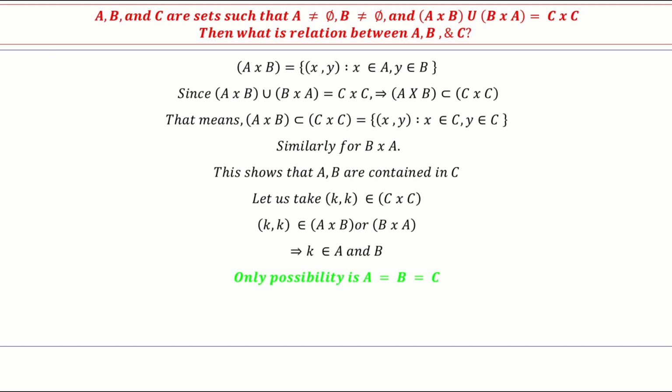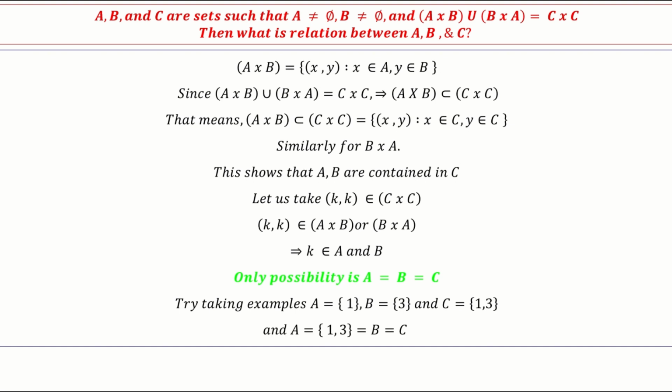You can check this easily using some sets. For example, if you take A equal to {1}, B equal to {3} and C equal to {1, 3}. Then the Cartesian product becomes 1 cross 3 union 3 cross 1. So C has to be {1, 3}.